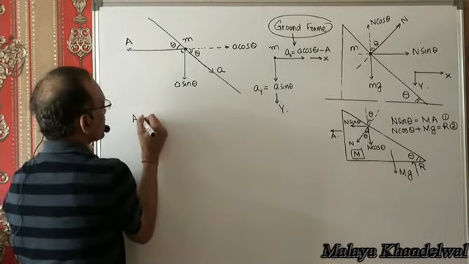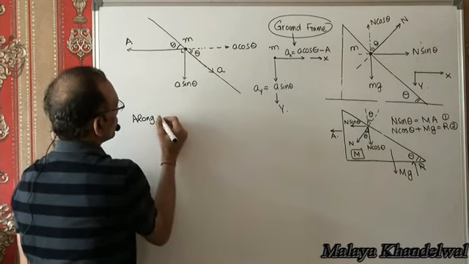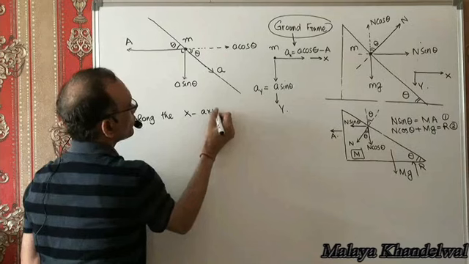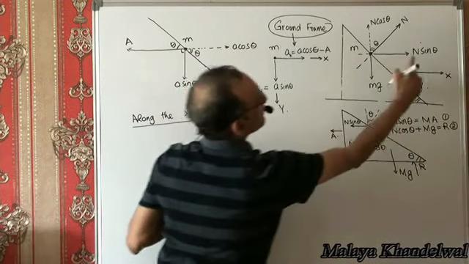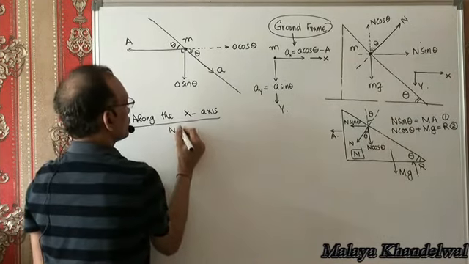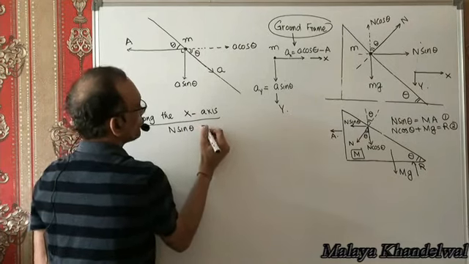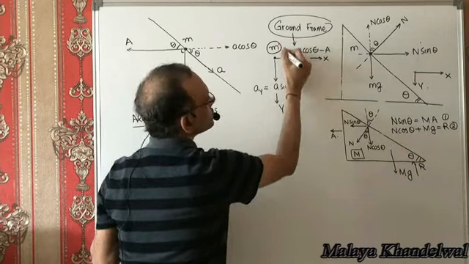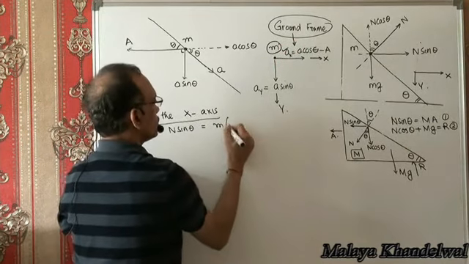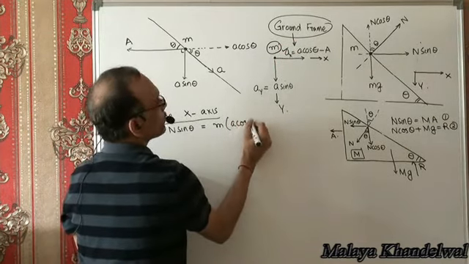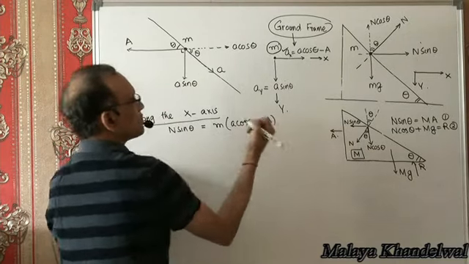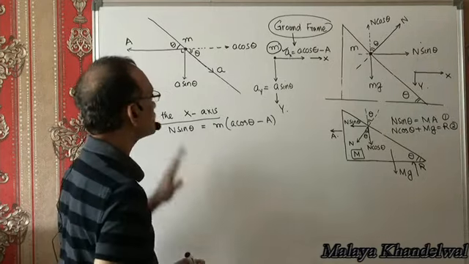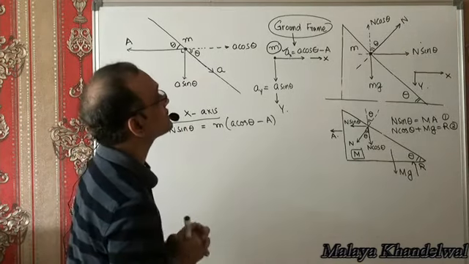So let me write equations of motion along the x-axis and along the y-axis. Along the x-axis, for small m, we have N sine theta acting on the mass small m to produce Ax, which is m into a cos theta minus capital A. That's as far as N sine theta is concerned.